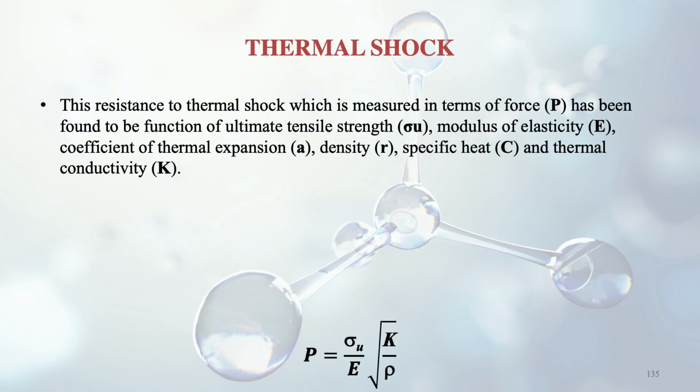So this thermal shock resistance is measured in terms of a force-like quantity, given here as capital P, and it is dependent on our ultimate tensile strength, given as sigma u, modulus of elasticity, given as capital E, coefficient of thermal expansion, given as small a, density, small rho, specific heat, capital C, and thermal conductivity, capital K. So here is the formula.